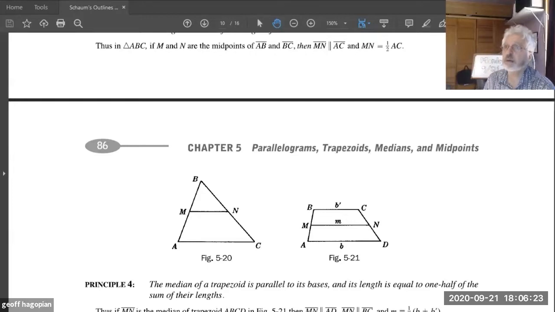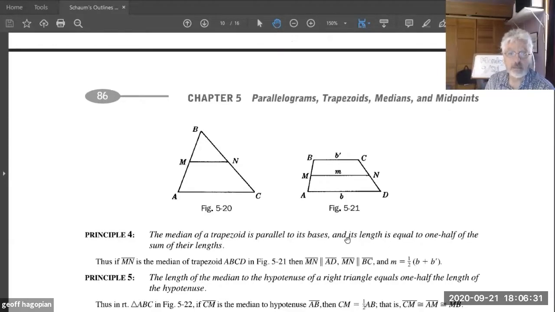Let me change my view so I can see better what we're looking at. So this is: the median of a trapezoid is parallel to its bases, and its length is equal to 1/2 the sum of their lengths.